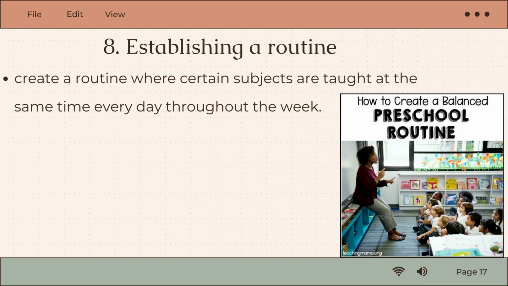So the eighth one is establishing a routine. This one is a good idea to create a routine where certain subjects are taught at the same time every day throughout the week.